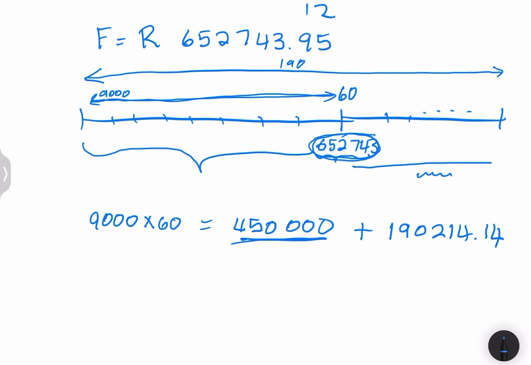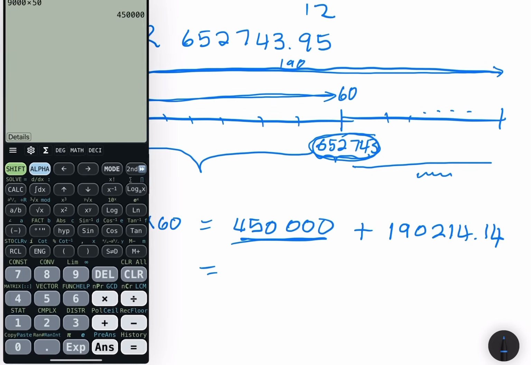214.14 would be the total amount that accumulated over that period of time. So now let's find out how much that amount is.